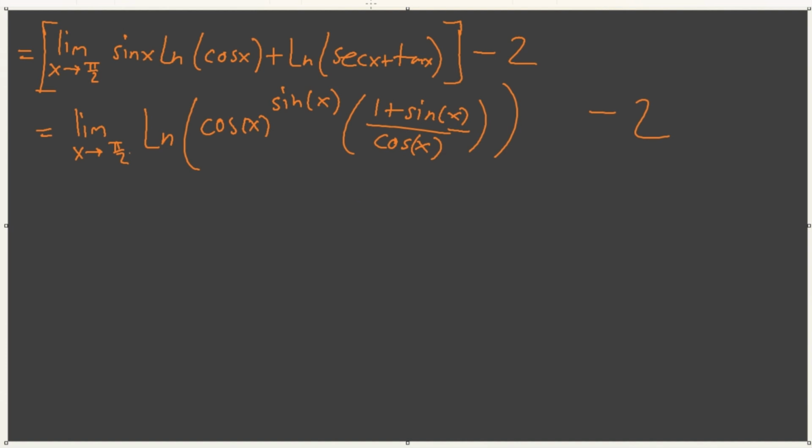So we're going to put the limit inside the ln, technically speaking. We can call this green. Okay. We have cosine of x to the sine of x minus 1, plus sine of x. 1 plus sine of pi over 2. Oh, this is 2. Okay.